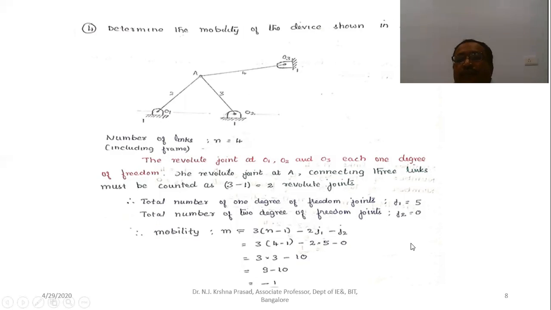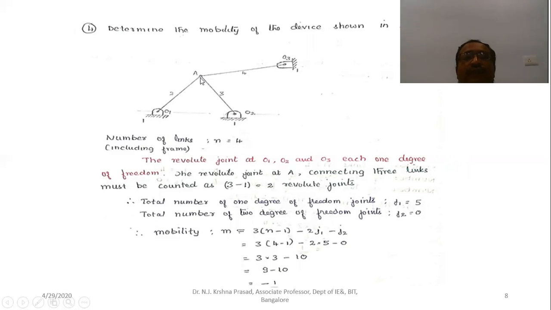And I take a problem where the combination of links is shown in the figure. Here also, first count how many links there are. Here the fixed link you give number 1. For O1A, you give the number 2.